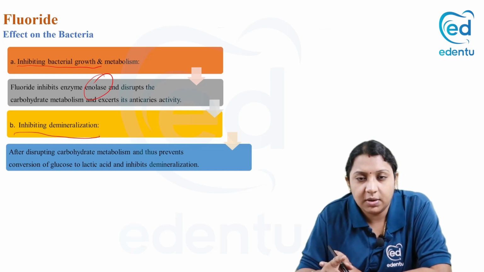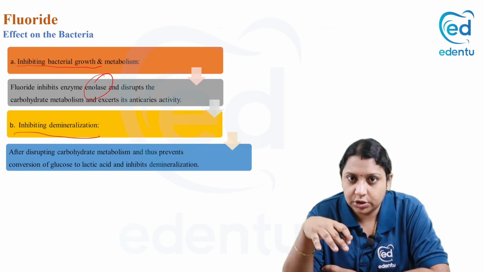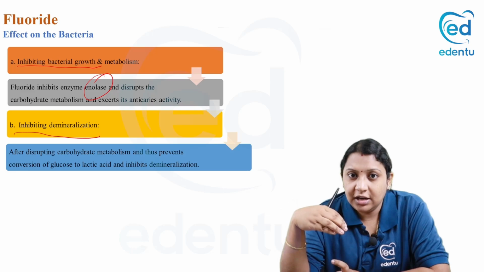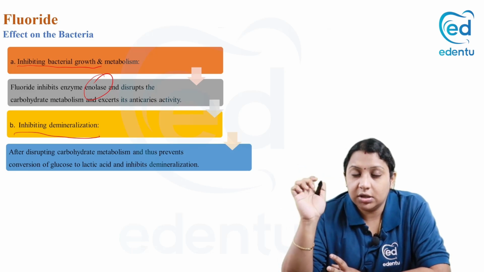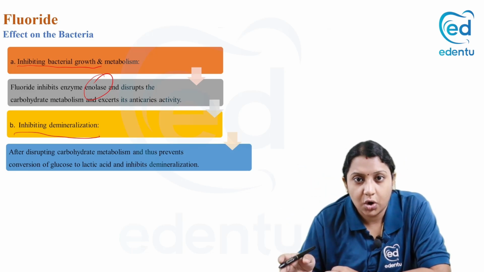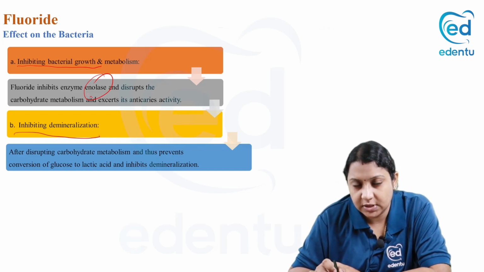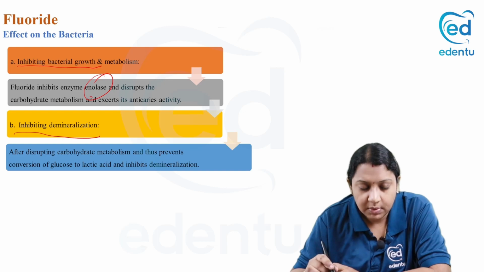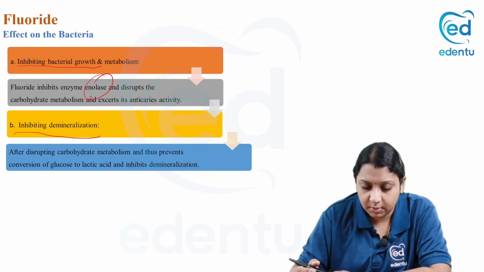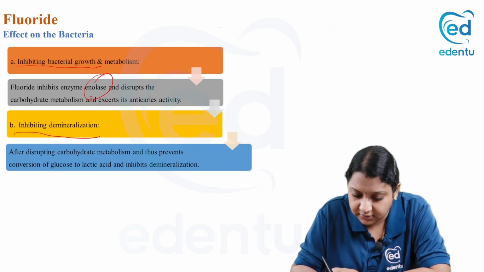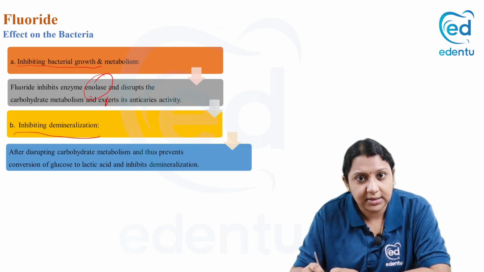We have already mentioned that for demineralization to occur, if there is a refined carbohydrate, the bacteria can convert it into lactic acid, which can cause decay of the tooth. So once the enolase enzyme is inhibited, it can disrupt the carbohydrate metabolism and can exert an anti-caries activity.